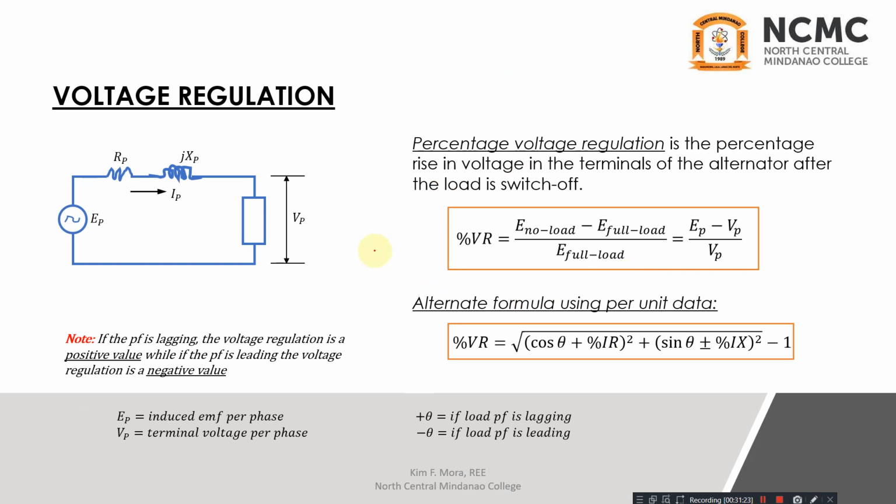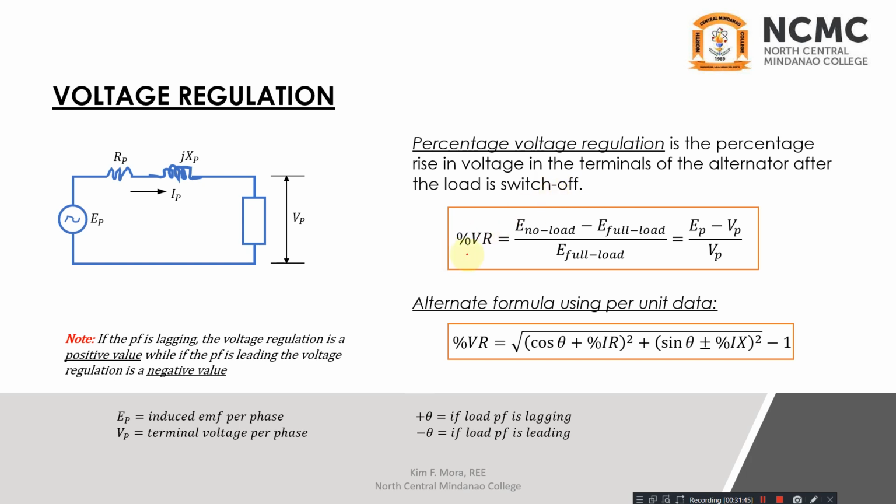Okay, so next is about the voltage regulation. The percentage voltage regulation is the percentage rise in voltage at the terminals of the alternator after the load is switched off.